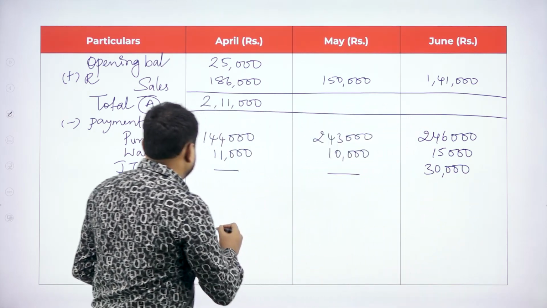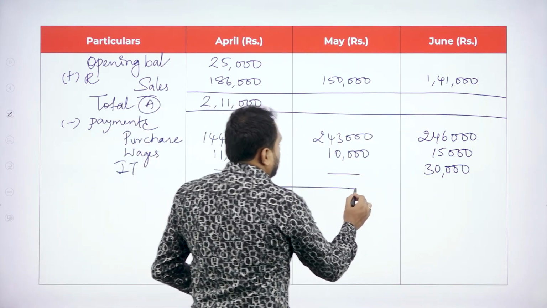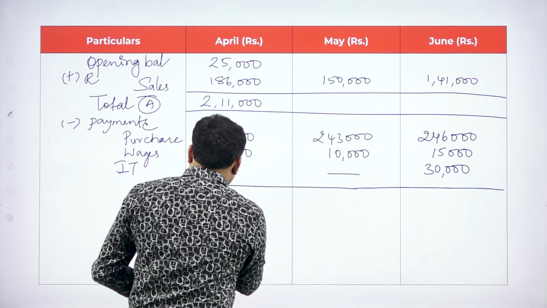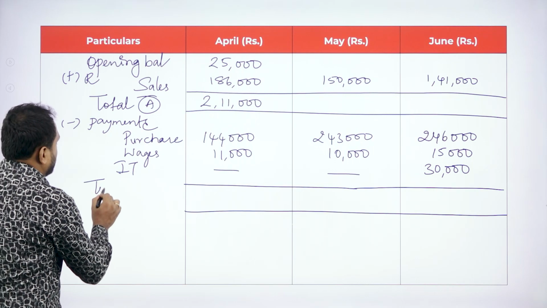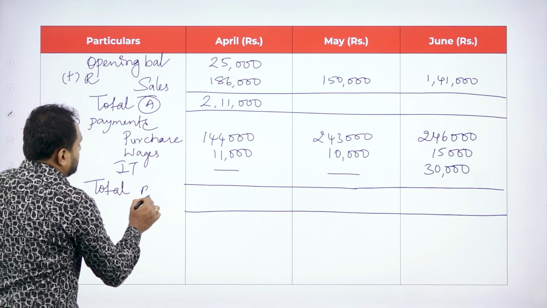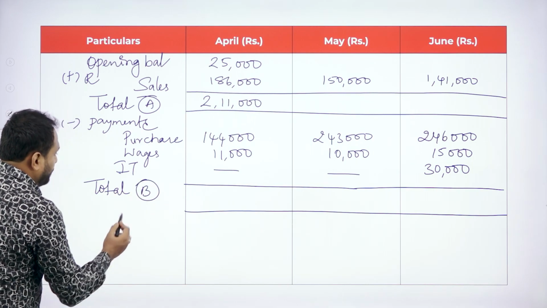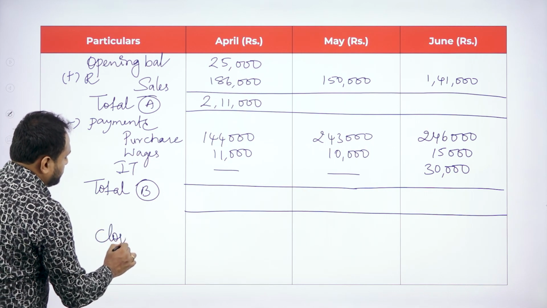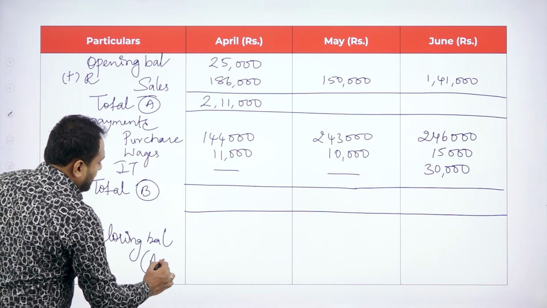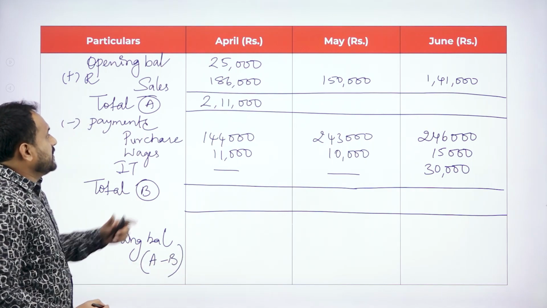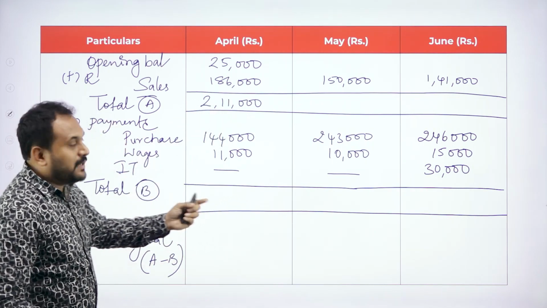So we have taken each and everything properly. We'll again go with it. And what is this called? This is called total of B. Now something we have is closing balance, which is A minus B. That is your receipts minus your payments.